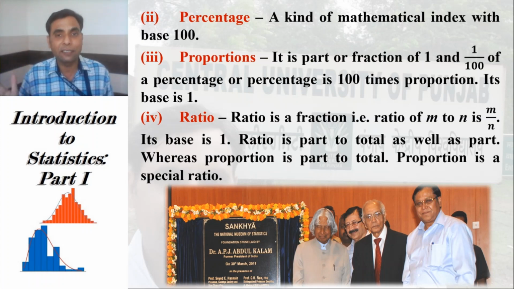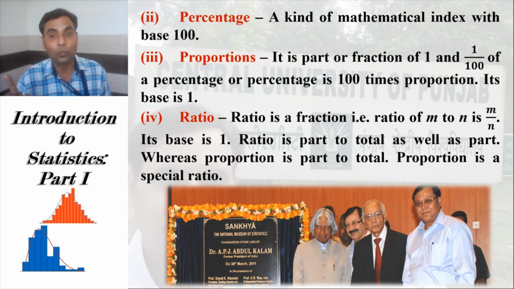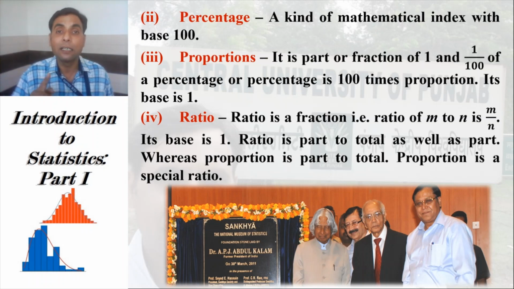Ratio is a fraction, whereas proportion is a part or fraction, both. That is, ratio of m to n is m by n. Its base is 1 as the base in the proportion. The base for both proportions and ratio is 1.